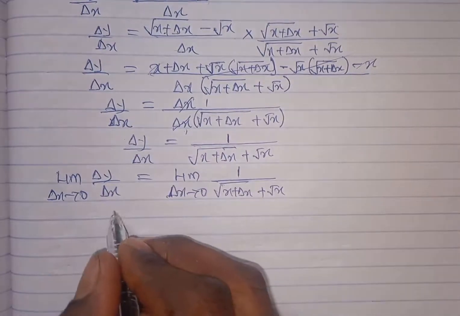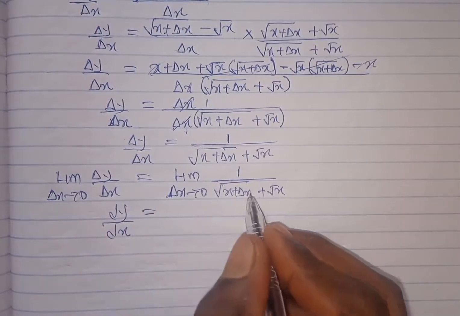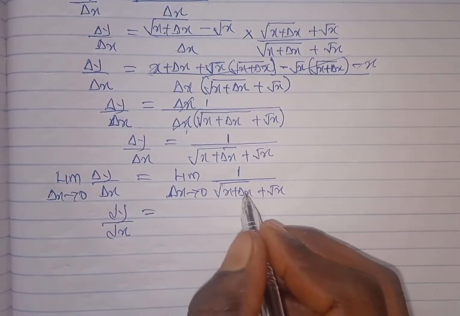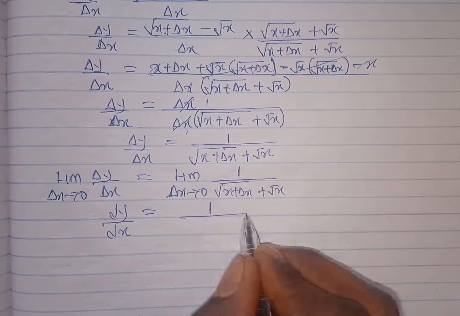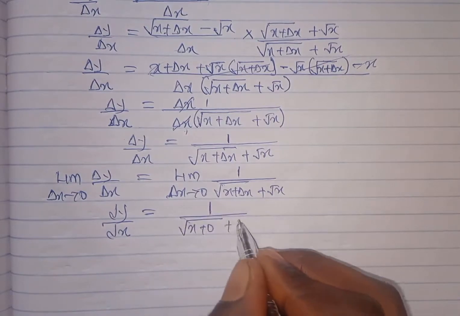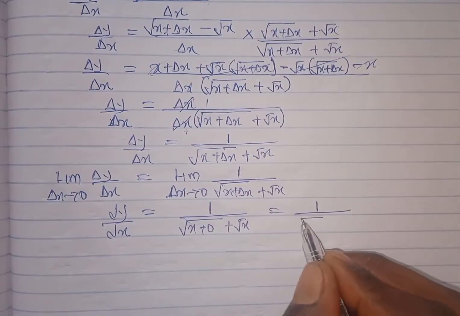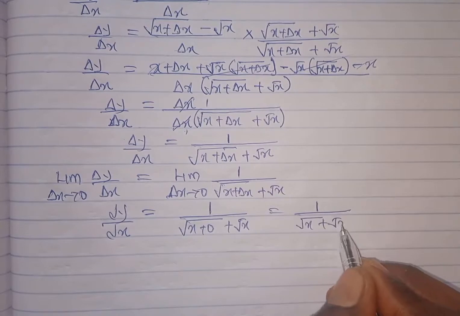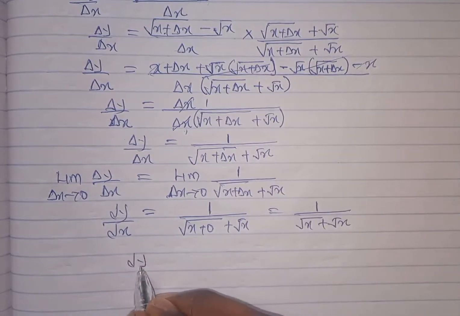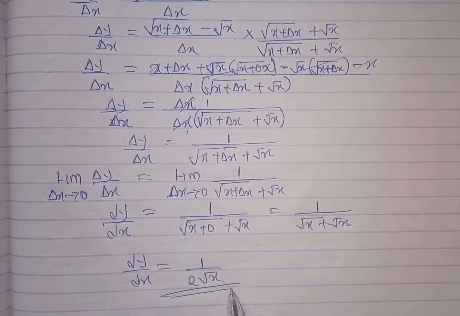So this will give you dy dx, which is equal to, wherever you have change in x, just put 0. So that's going to be 1 over root x plus 0, then plus root x. So which is equal to 1 over root x plus root x. So therefore your dy dx is equal to 1 over 2 root x. So that is that.